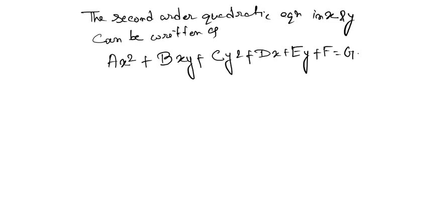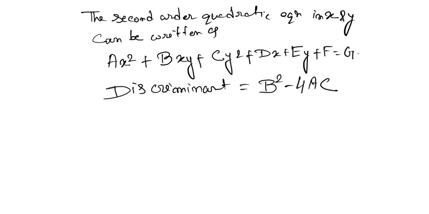But as we all know, this equation will be called elliptic according to the sign of this quantity known as the discriminant, which is defined as B square minus 4AC. We all know that this quadratic equation is said to be elliptic when it is less than 0.